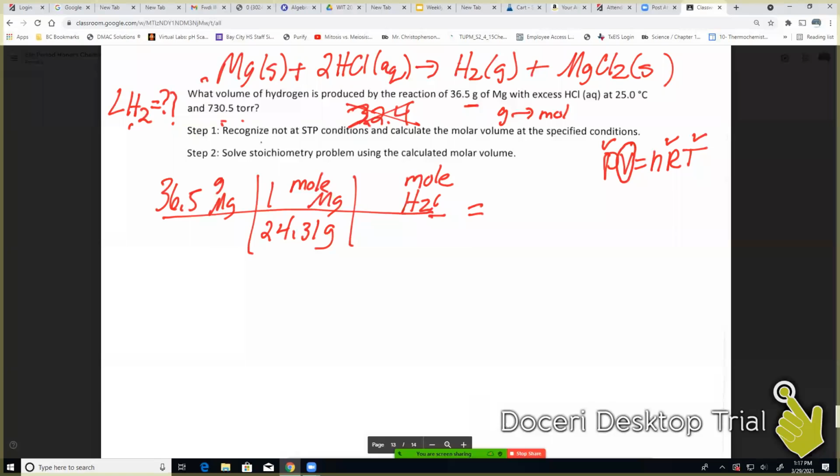Neither magnesium nor hydrogen have a coefficient, so that means it's a 1-to-1 mole ratio. All right, everything canceled. I'm left with moles of hydrogen, which is what I need right now. So just do 36.5 divided by 24.31.